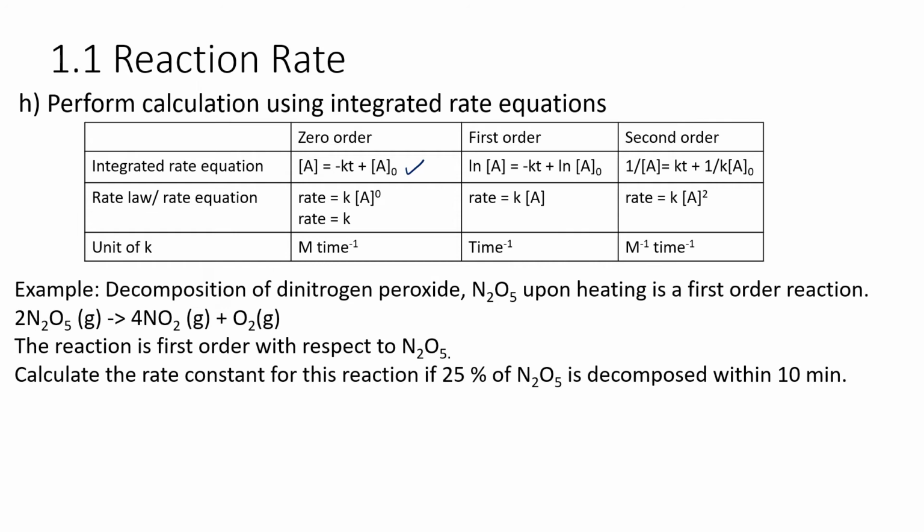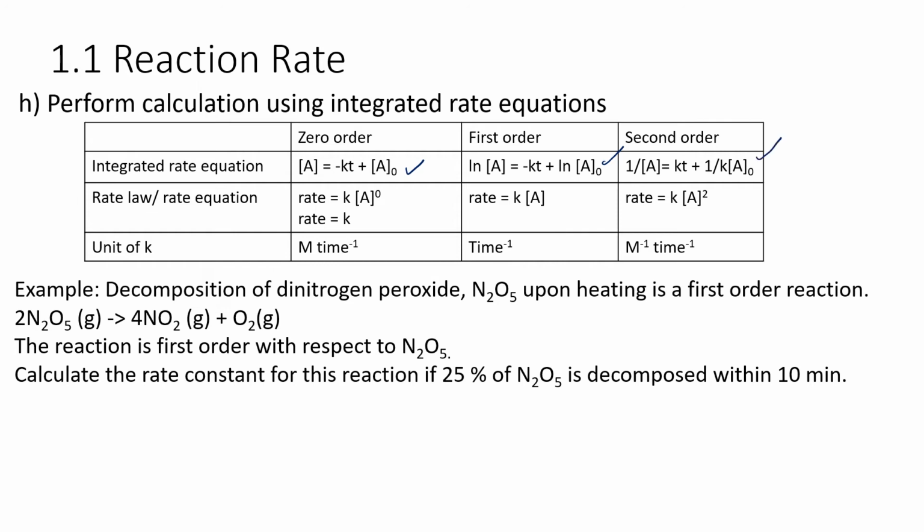For the first order, it is ln remaining concentration of reagent equals negative kt plus ln initial concentration of the reagent. For second order, it is 1 over remaining concentration of reagent equals kt plus 1 over initial concentration of the reagent.